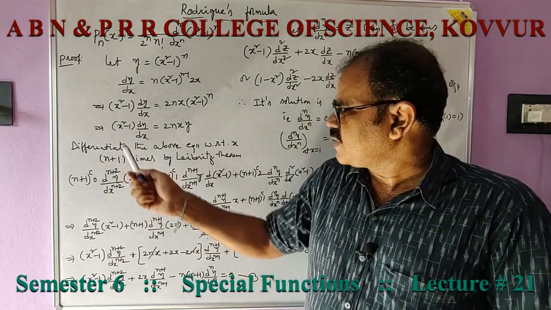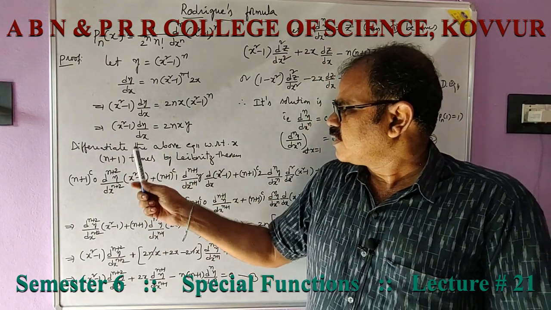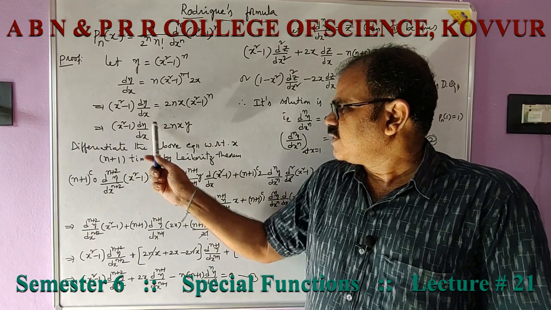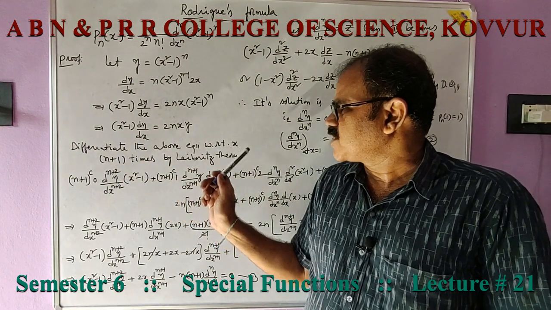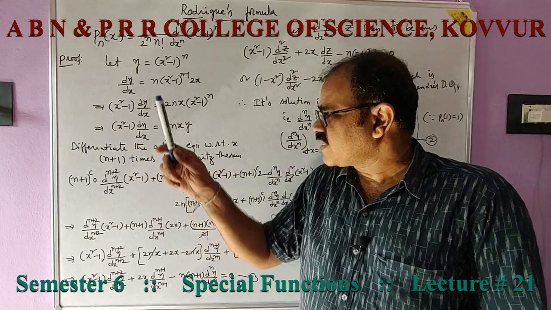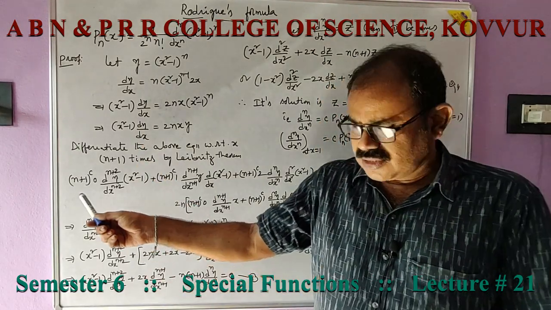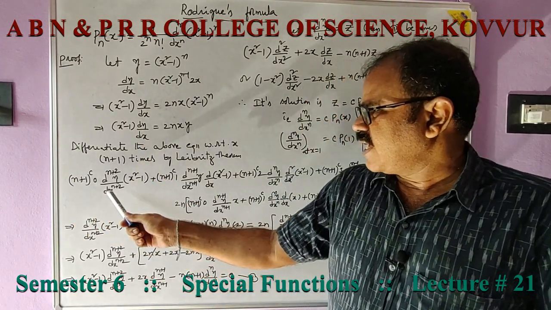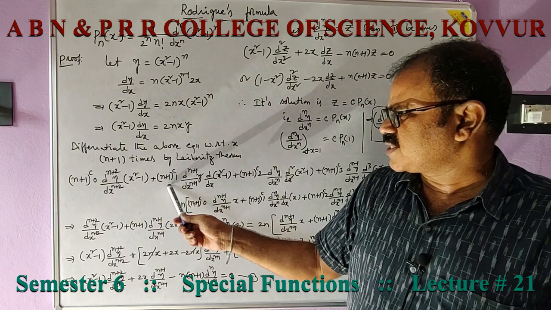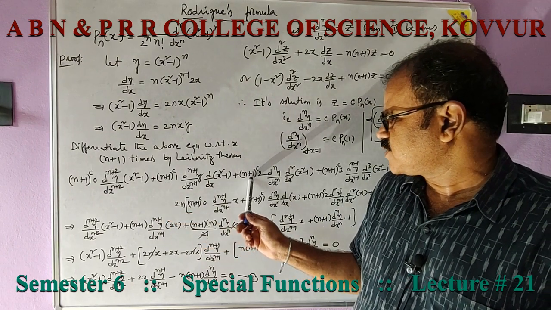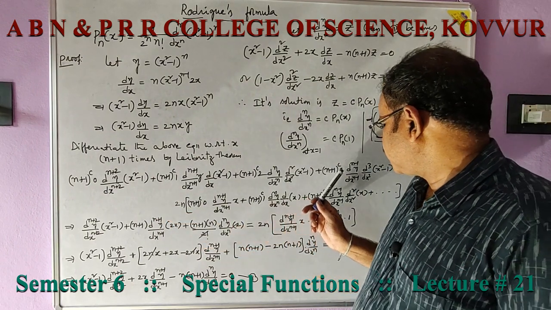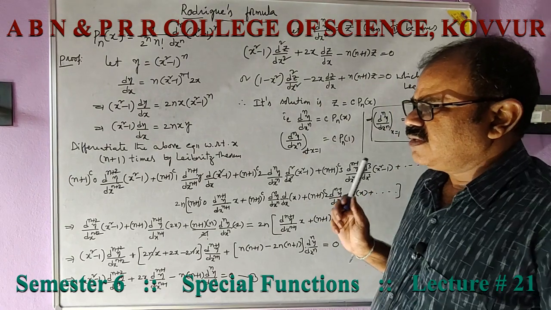Now let us apply the Leibniz theorem and differentiate the equation with respect to x, n plus 1 times. Therefore, the coefficients will be n plus 1 c0, n plus 1 c1, n plus 1 c2, n plus 1 c3, and so on.